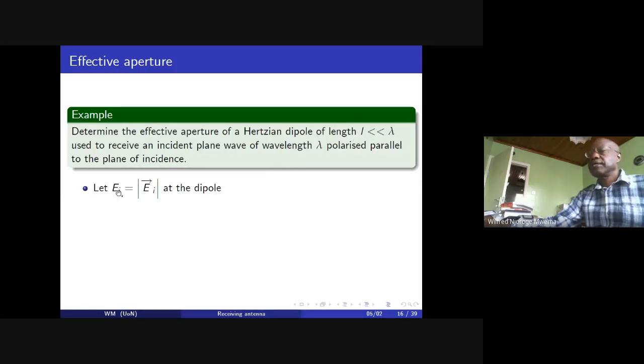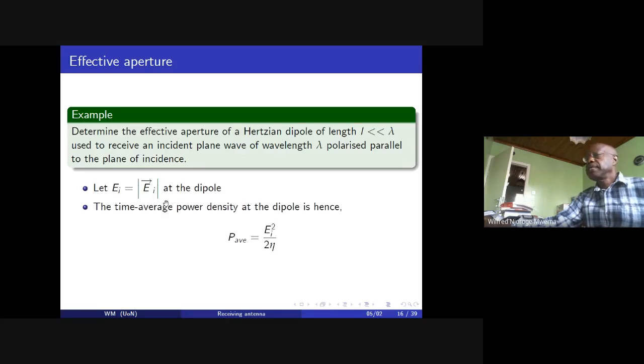So we let the incident electric field be given by the modulus of the incident wave electric field at the dipole, E_I. The time average power density at the dipole is therefore given by P average equal to a half of E_I squared divided by the intrinsic impedance of the intervening medium.